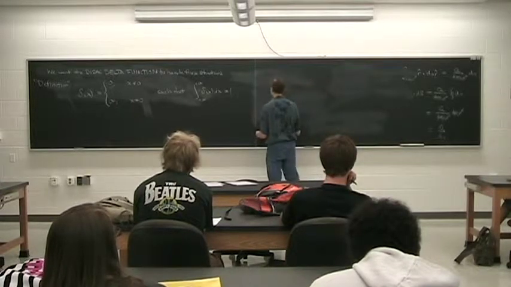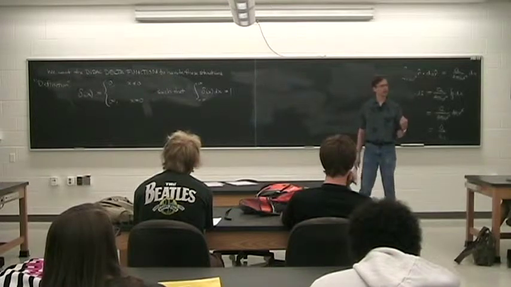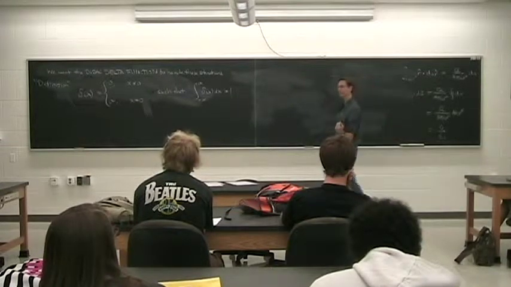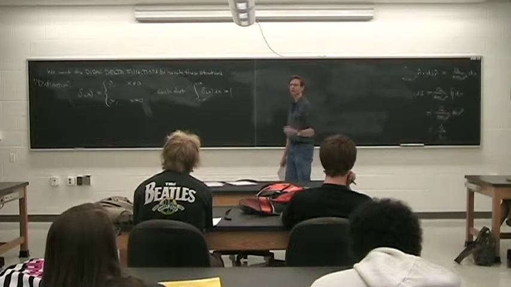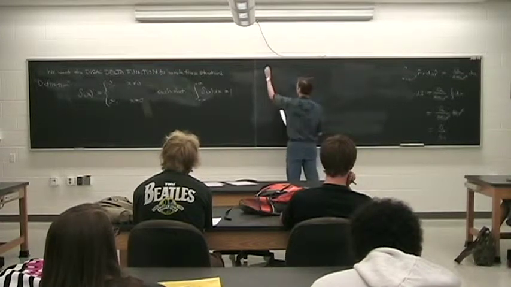Now, we can think of the delta function as being a limit of a sequence of other functions whose properties approach that of the delta function in some limit. And probably the easiest such sequence is a set of box functions.